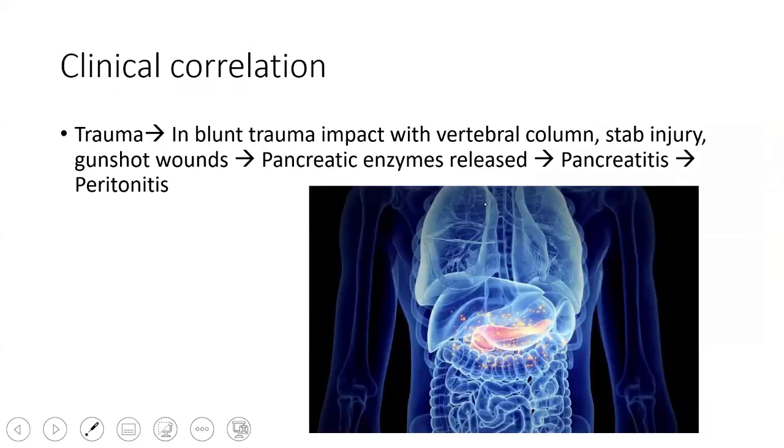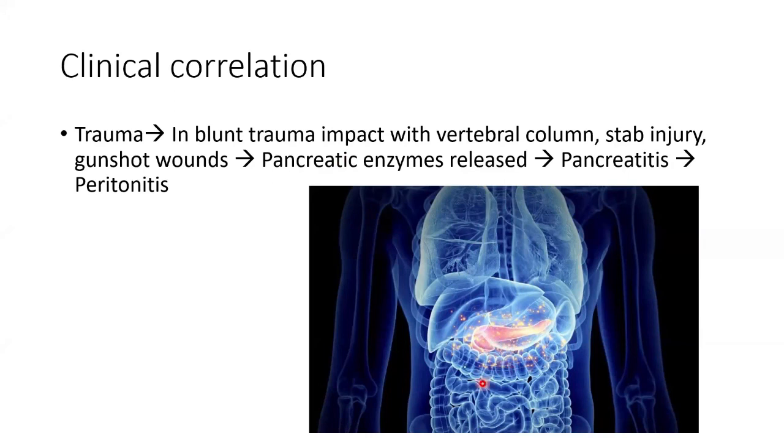So if you talk about another correlation, if there's trauma or anything happening to the pancreas, if there's inflammation or damage to the cells in the pancreas, it can occur in blunt trauma because it's close to the vertebral column. If there's blunt trauma, it can get compressed against the vertebral column and get damaged.